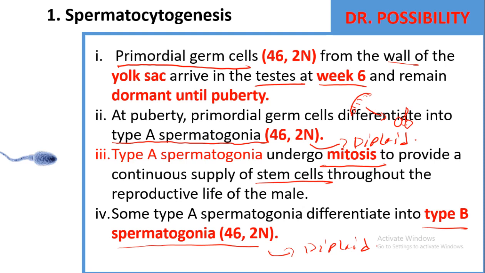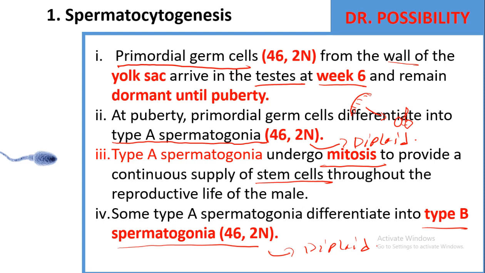So type A spermatogonia just undergoes the process of mitosis, and this mitosis produces a lot of different spermatogonia. But amongst these spermatogonia, some type A differentiate into what? Type B spermatogonia.